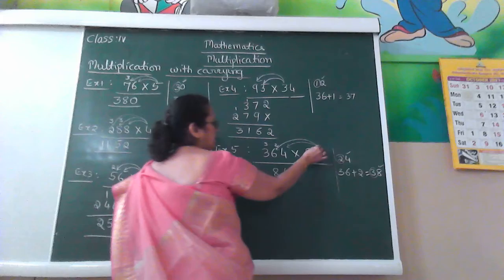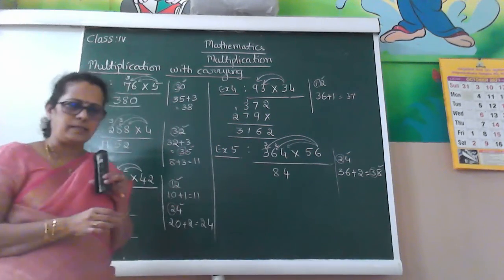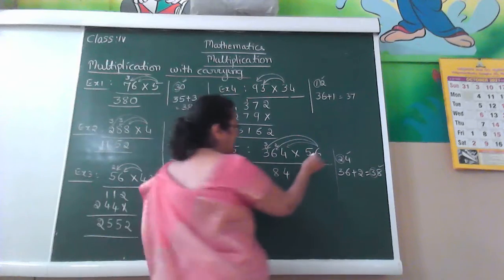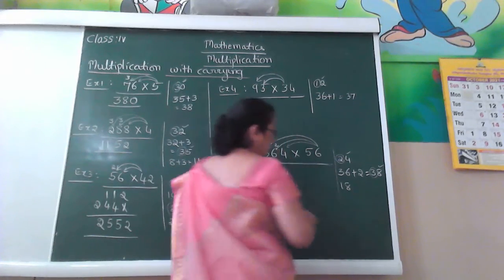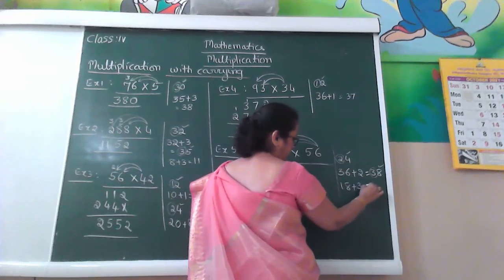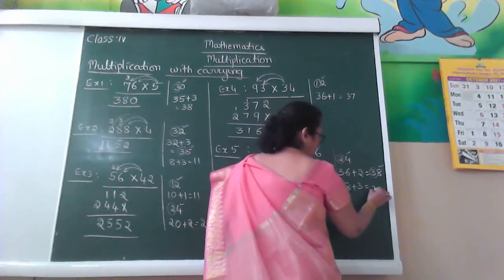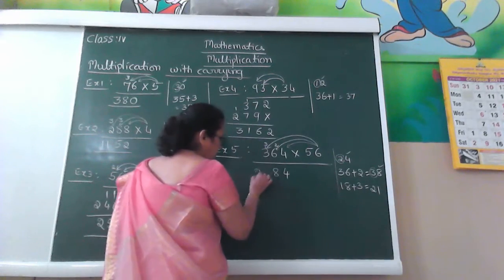Now next is again 6 into 3. 6 3s are 18. What about carry? It is 3. 18 plus 3 is 21, isn't it? So write this 21 here.